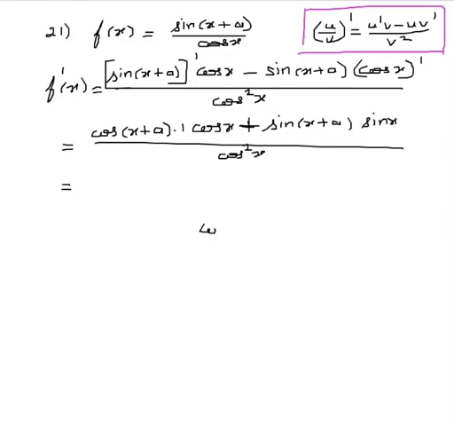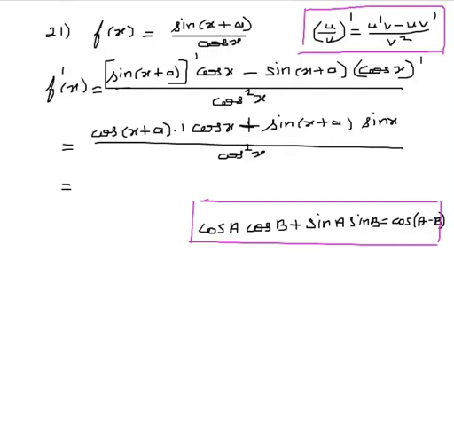Now the numerator is of the form cos a cos b plus sin a sin b. The formula is cos of a minus b. Therefore, the numerator becomes cos of x plus a minus x divided by cos square x, and the answer is cos a divided by cos square x.